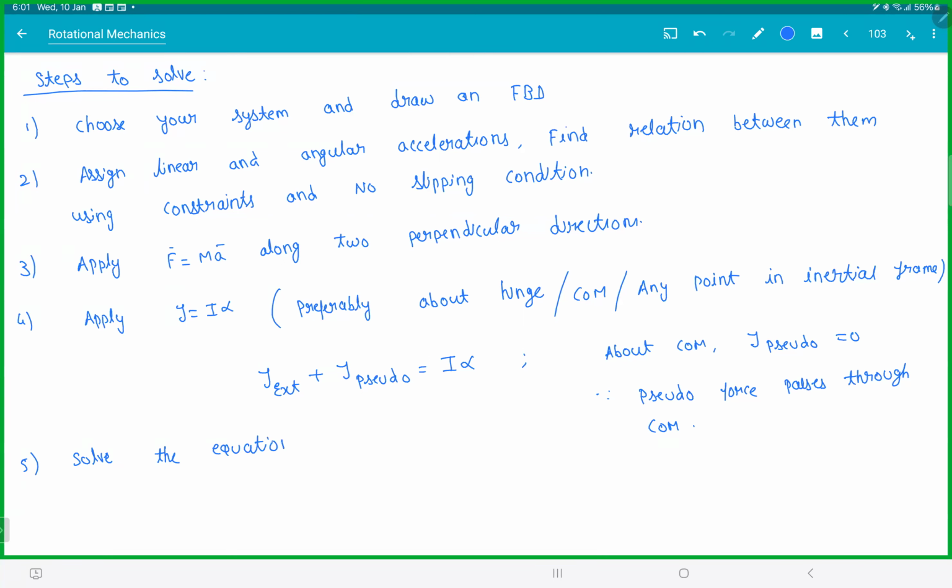Let me give you any type of question. These are the steps that you have to follow. There might be variations, but this is the general flow. Please have a look at these points.